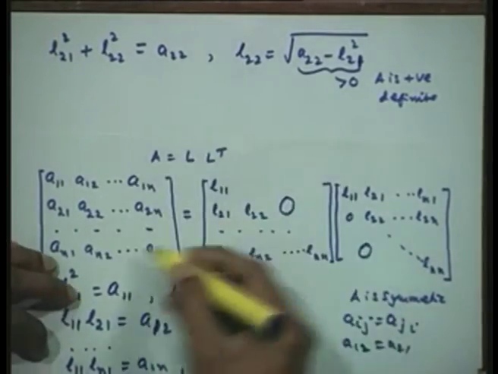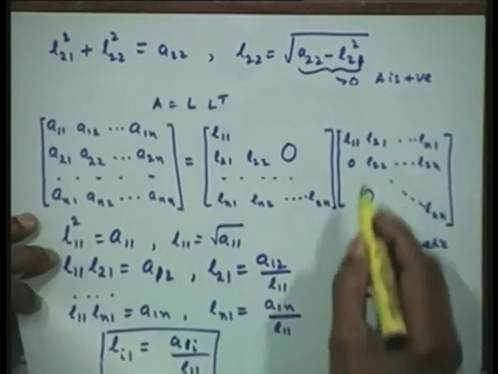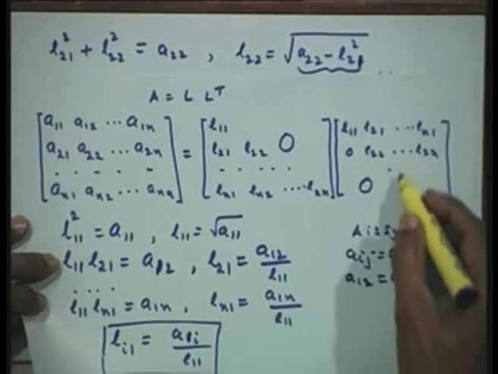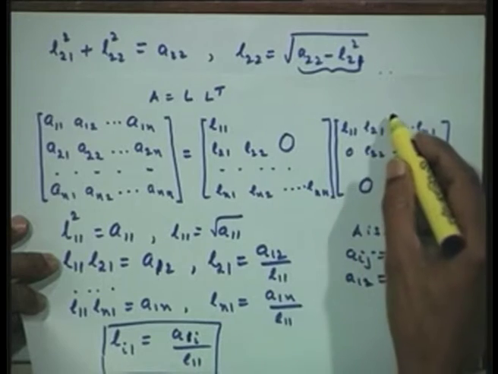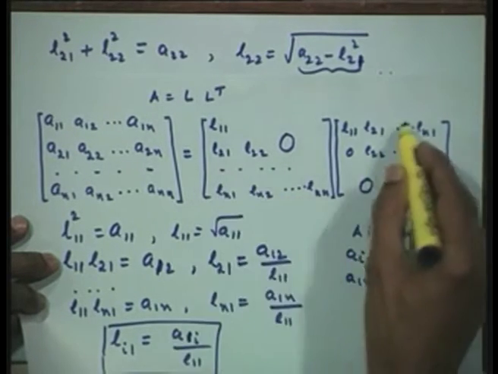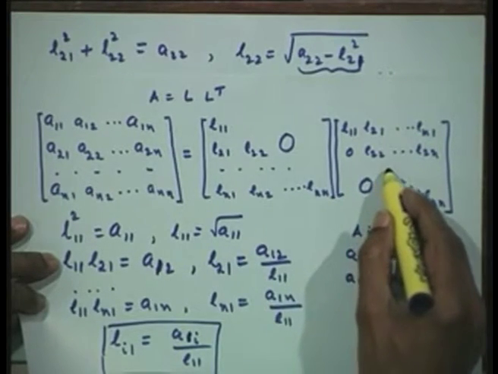Now we proceed on and compute all the other coefficients. If you see the diagonal element first, you take any row, multiply by the corresponding column, say the ith row and the ith column, then it will be Li1 square, Li2 square, and so on up to Lii square.